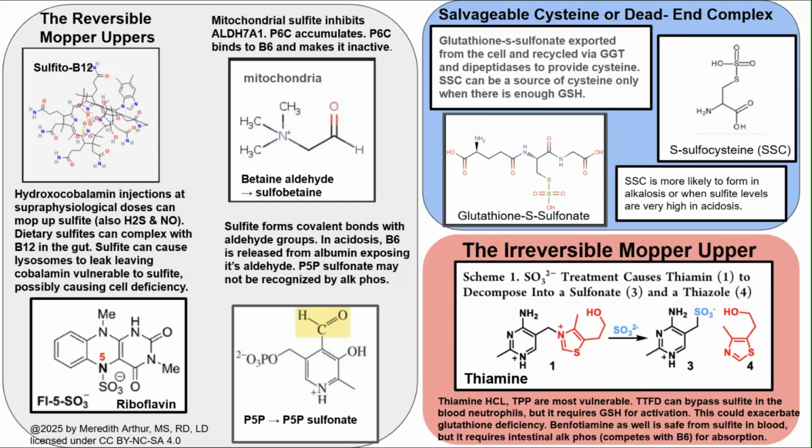So the compound that does that the most is S-sulfocysteine, and that's a byproduct of having sulfite oxidase or molybdenum cofactor deficiency. So I suggest definitely getting your SSC levels checked before you use benfotiamine, because you wouldn't want to increase your NMDA receptors if the SSC is overactivating them.